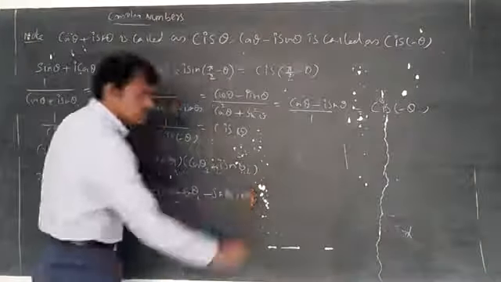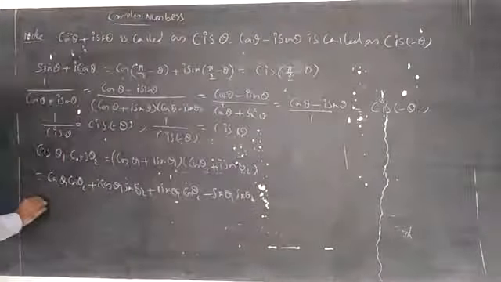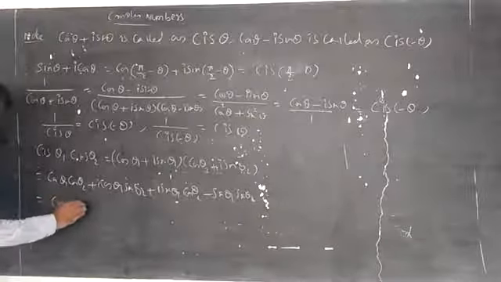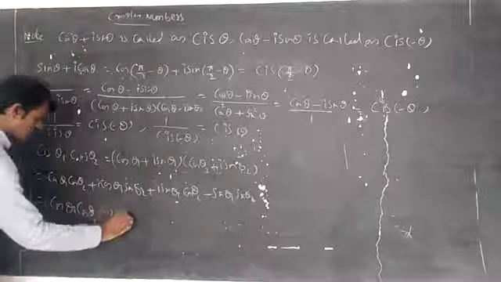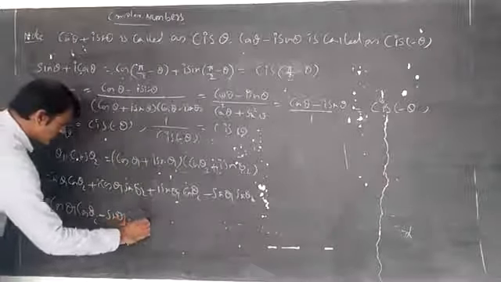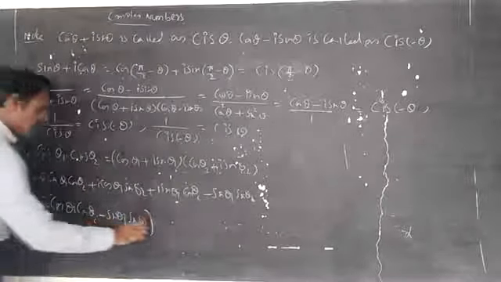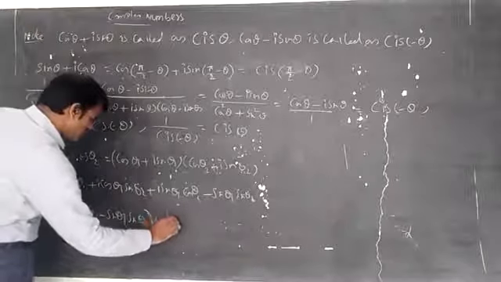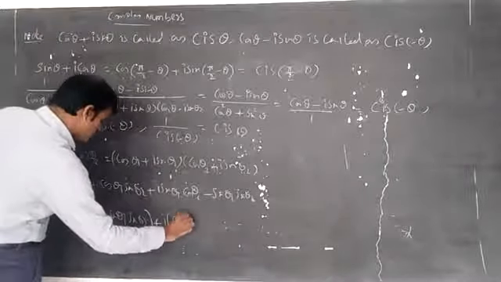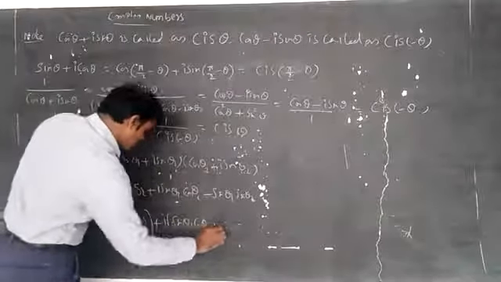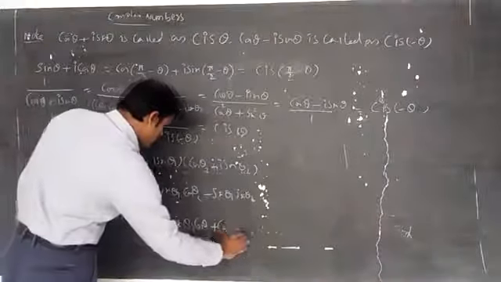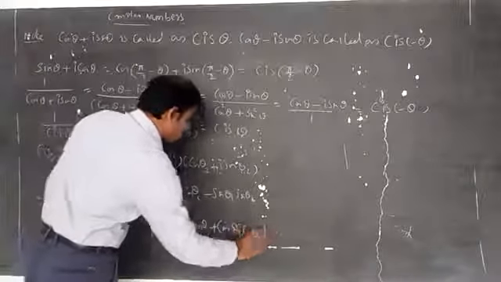You can write this as cos theta 1 cos theta 2 − sin theta 1 sin theta 2 within the brackets, plus i, you take common here, sin theta 1 cos theta 2 + cos theta 1 sin theta 2.